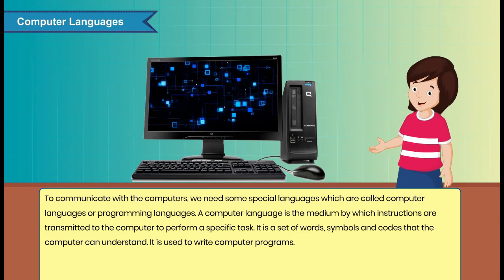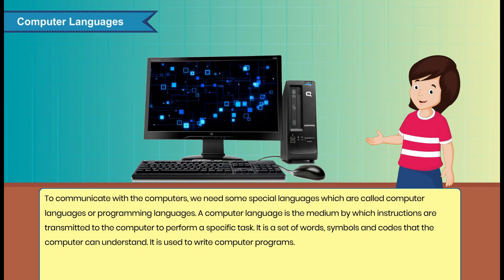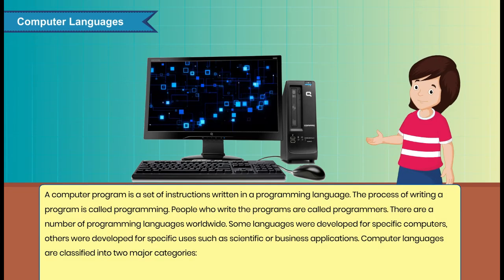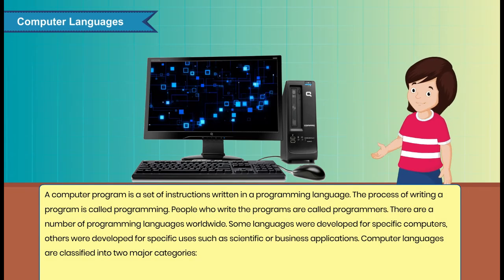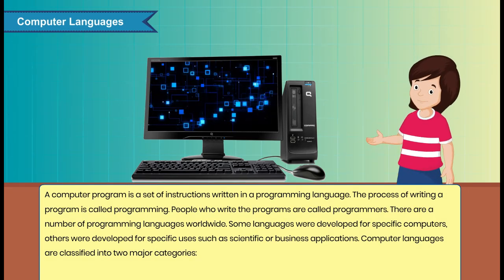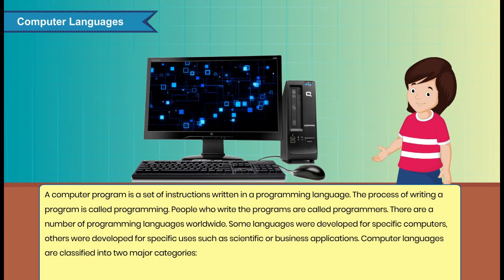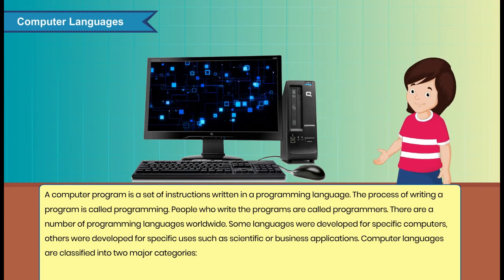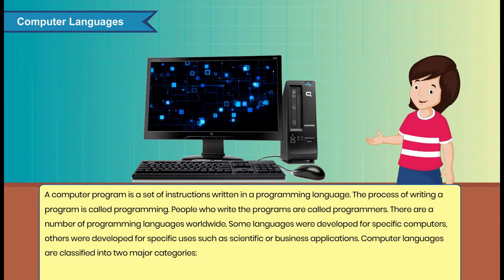It is a set of words, symbols, and codes that the computer can understand. It is used to write computer programs. A computer program is a set of instructions written in a programming language. The process of writing a program is called programming.